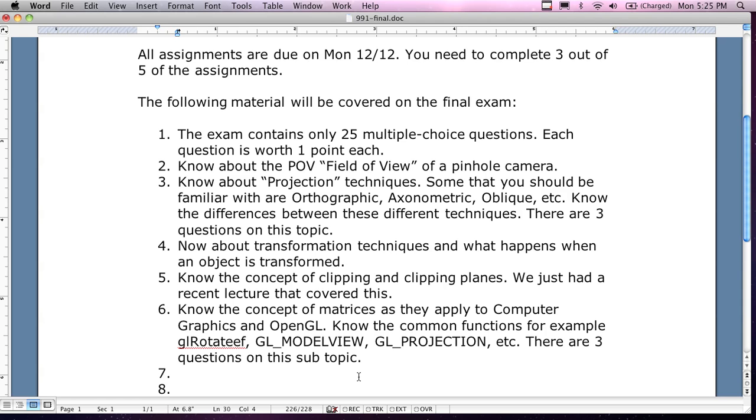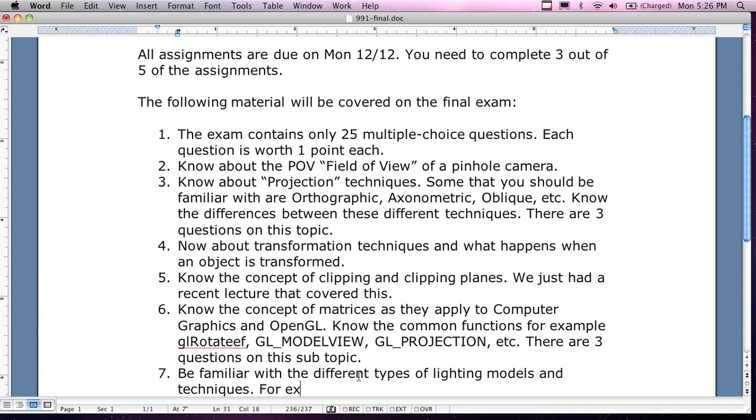We have some rays that are going through the material, some that are bouncing off the material, and some that are passing through, but not as much. So you want to know the different types of lighting. Be familiar with the different types of lighting models and techniques.